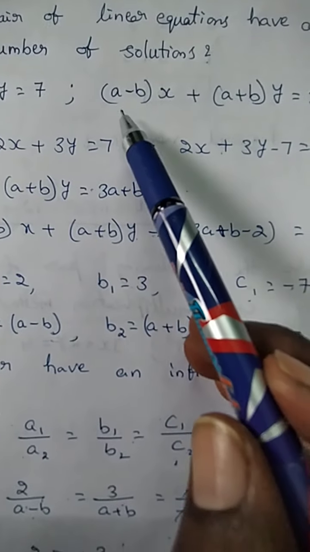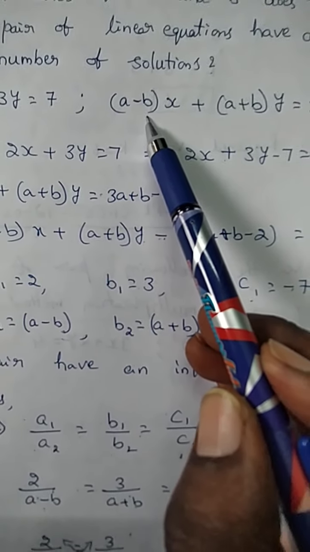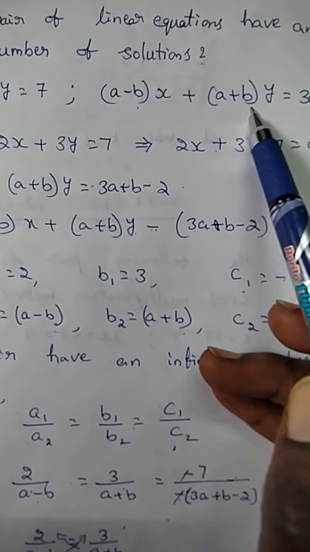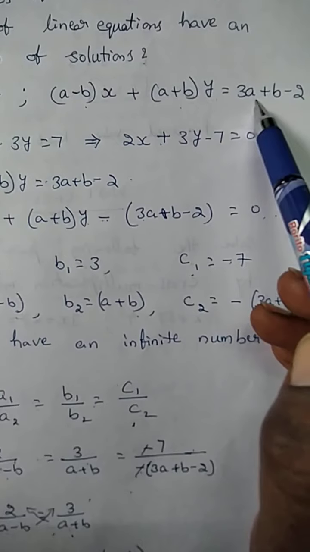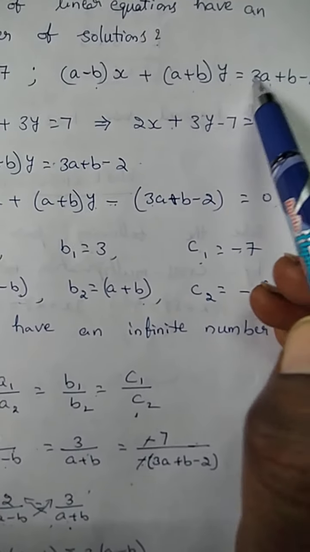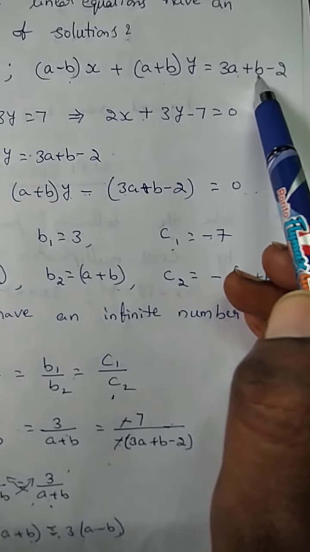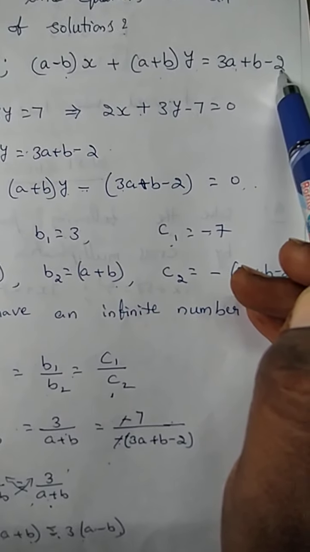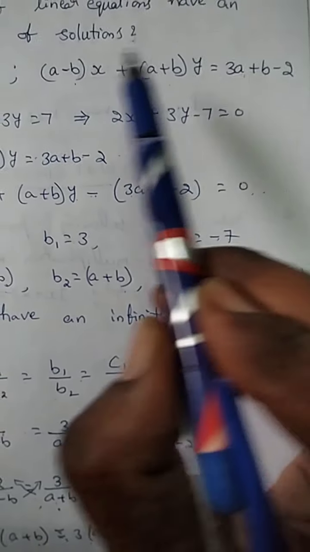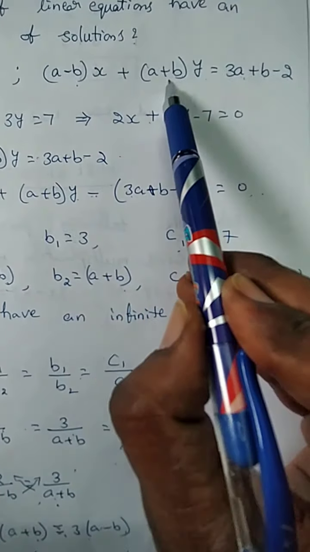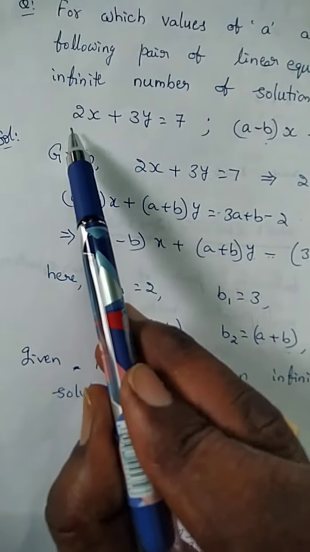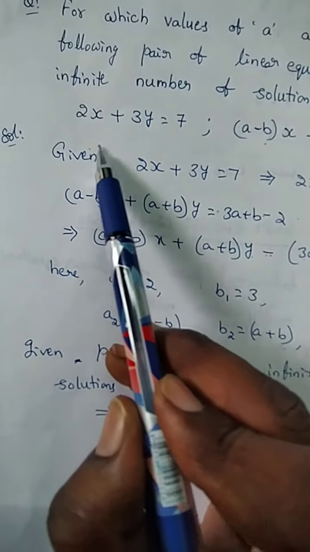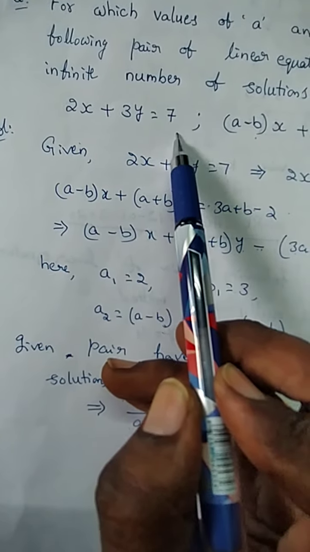Coming to the variables, 5 plus 1 is 6, 5 minus 1 is 4, so 4x plus 6y is equal to 3 times 5 is 15, plus 1 is 16, minus 2 is 14. So the first equation is 4x plus 6y is equal to 14. The second equation is 4x plus 6y is equal to 14.